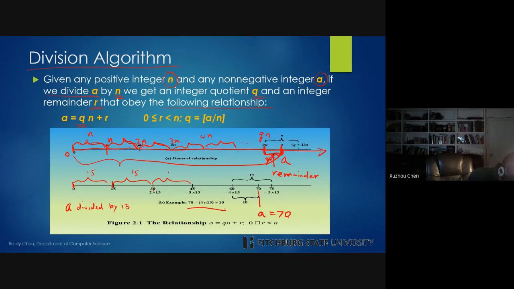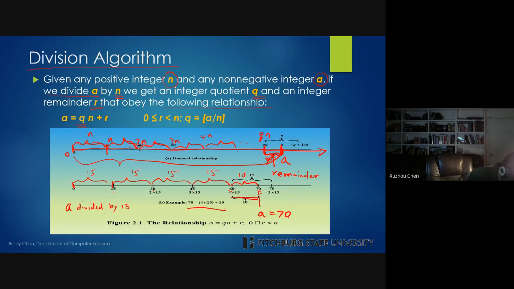We got 15, we got 30, we got 45, and we got 60. So 0 to 15, 15 to 30, 30 to 45, 45 to 60, and then 60 to 70. Now that's smaller than 15, right? So we cannot cut anymore. The length of this is 70 subtract 60, that's 10. So that's the remainder. The remainder is 10.